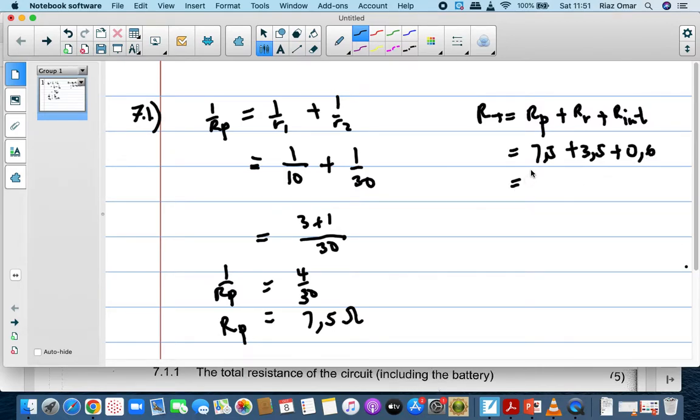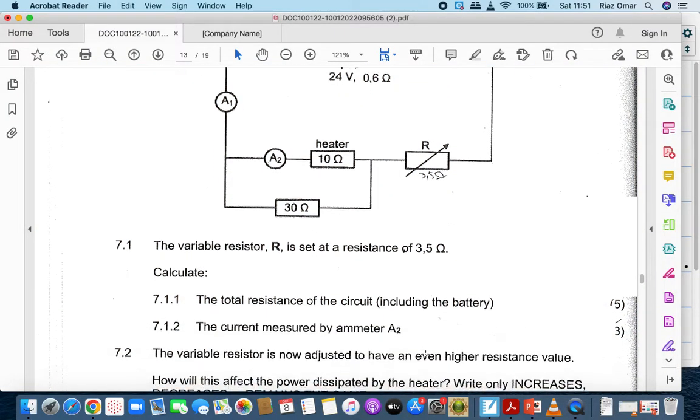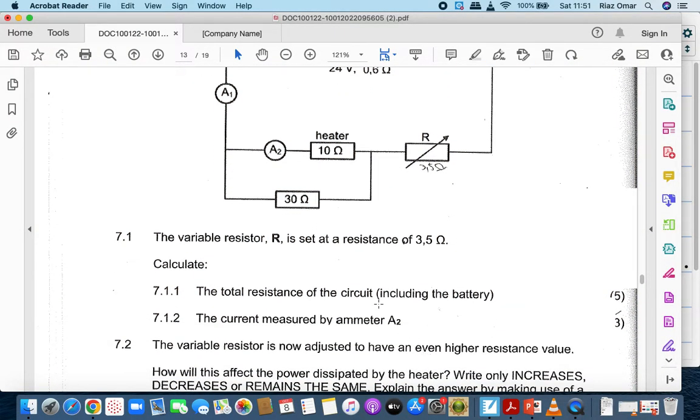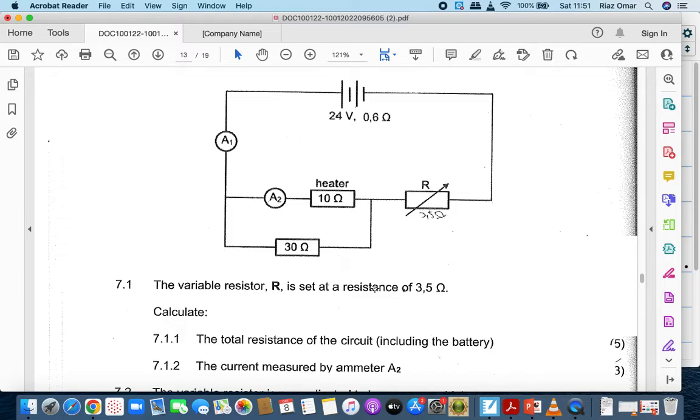If you work this out, 7.5 plus 3.5 plus 0.6 will give you 11.6. The total resistance is 11.6 ohms. Don't forget the unit. So that will be 7.1's answer. The total resistance of the whole circuit, including the battery, is 11.6 ohms.